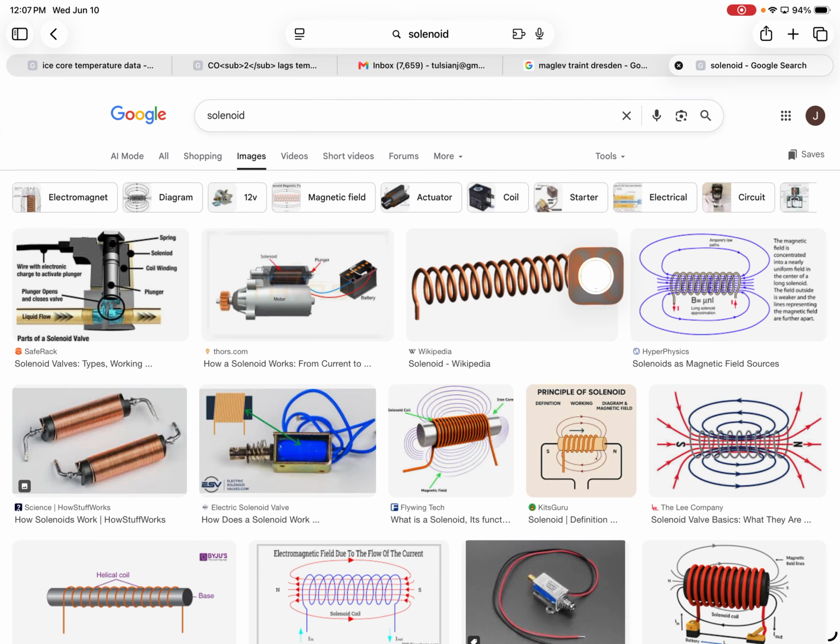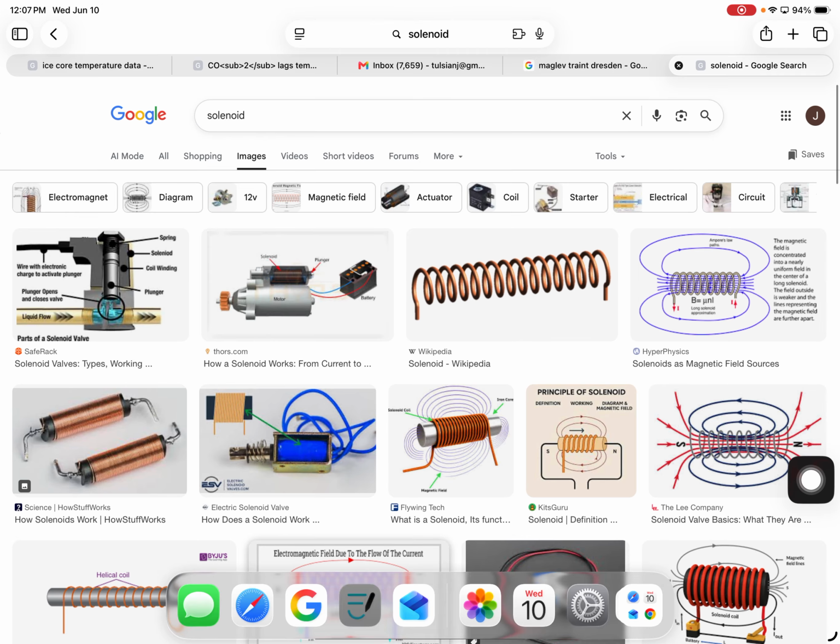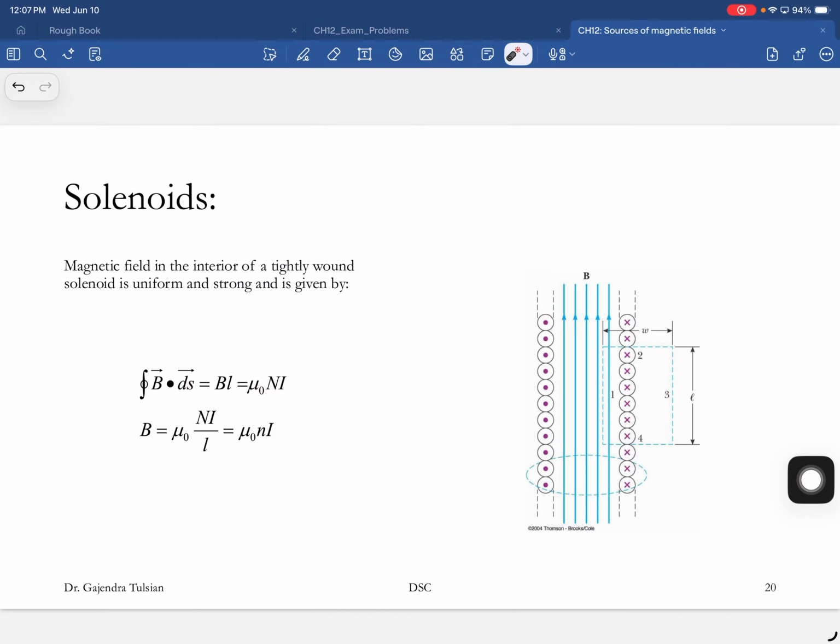You just take a wire and wrap it into a cylinder, and you get a solenoid. So here's a closely wound solenoid, and in a closely wound solenoid, the field is uniform, and you can make a strong field. Again, the expression is the same: mu naught times N times I. N is the number of turns of wire per meter.